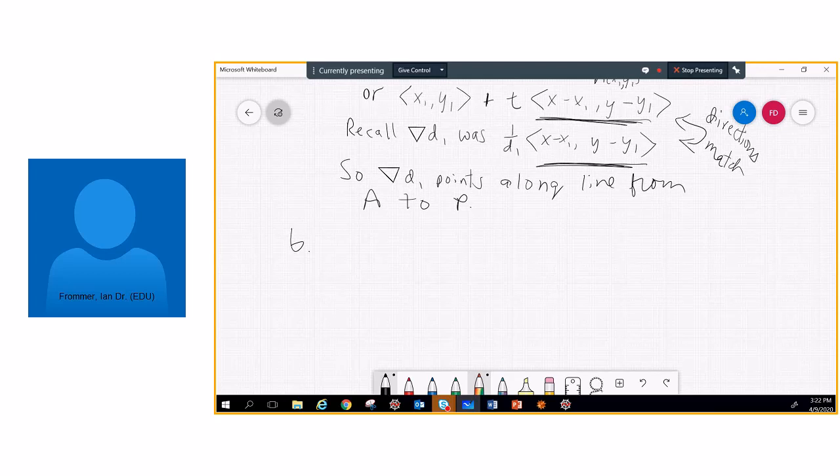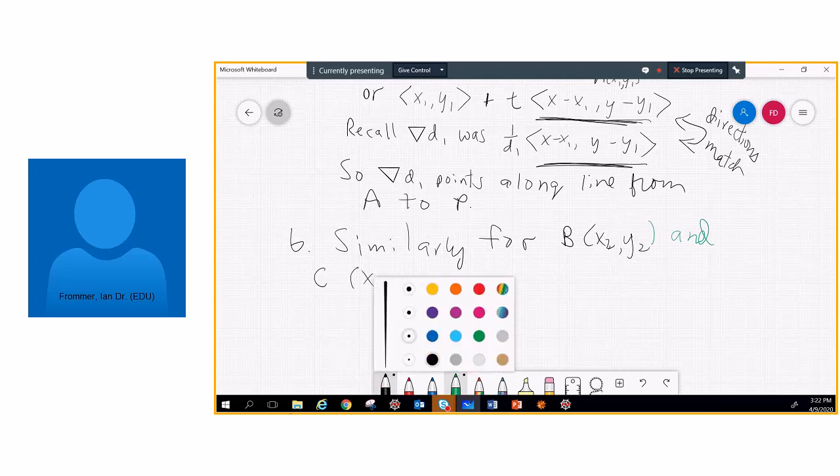So B, I'm not going to write all this out, but you could do the same things for B, whose coordinates were x2, y2, and C, whose coordinates were x3, y3.